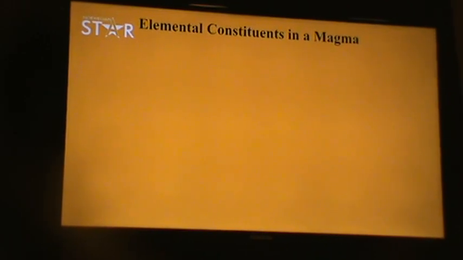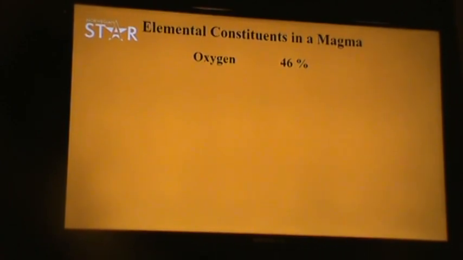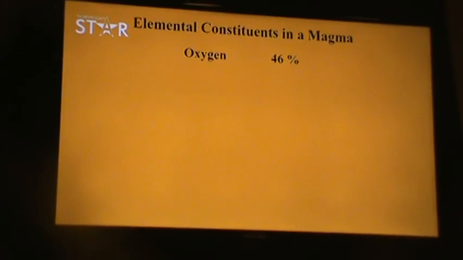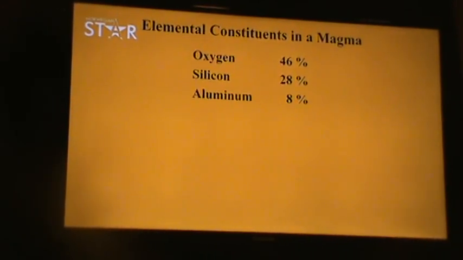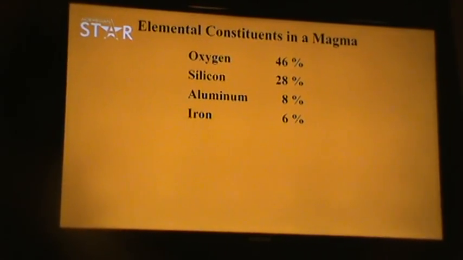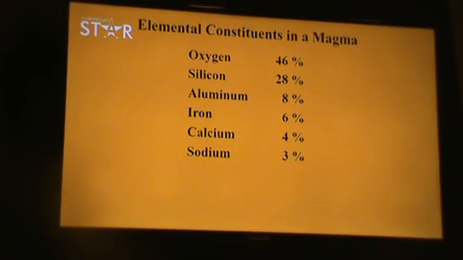Now, the elemental constituents of the magma are roughly 46% oxygen, 28% silicon, 8% aluminum, 6% iron, 4% calcium, 3% sodium, 2% magnesium.